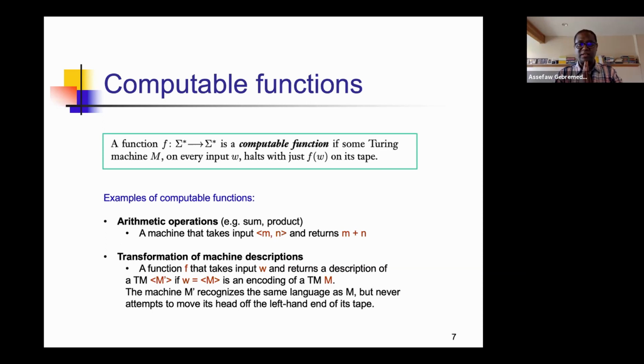For example, we had seen an example of this kind when we wanted to prevent a machine from going off the left end of the input tape. We needed that when we were working with CptS. That function required us to introduce another state or some other mechanism, or a symbol to indicate that we have come to an end. That type of function is also a computable function, but it is obviously not an arithmetic function. It had to do with transformation of a description of a machine.